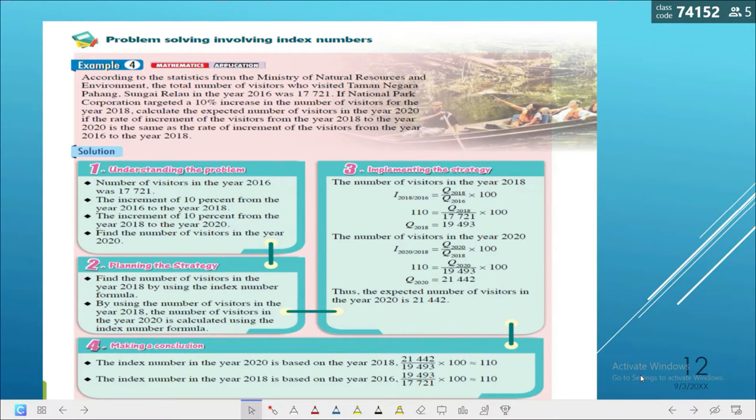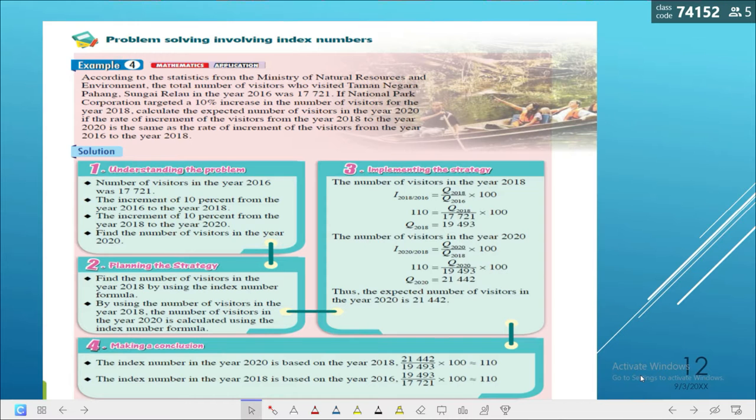Okay, hello everyone. So today we continue with our lesson. We already know how to calculate the index number if they give you a base. Let's say the price in a year can become the base, so we can compare whether the price became cheaper or more expensive, or the number of accidents, whether it increased or decreased, let's say from 2018 to 2019.